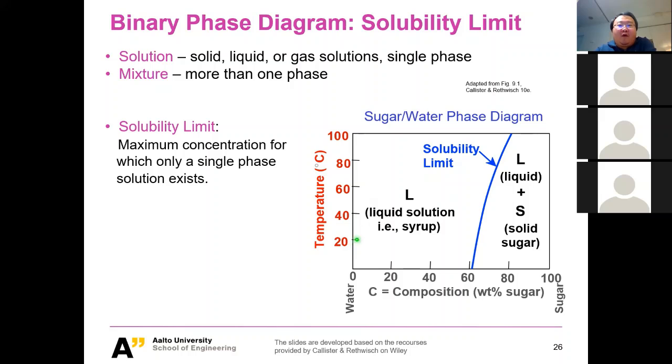We go with room temperature here. You start with pure water and you just add sugar into it. After you add it to a certain percentage, at room temperature 65 to be more precise, it's right there. You cannot add any more sugar.